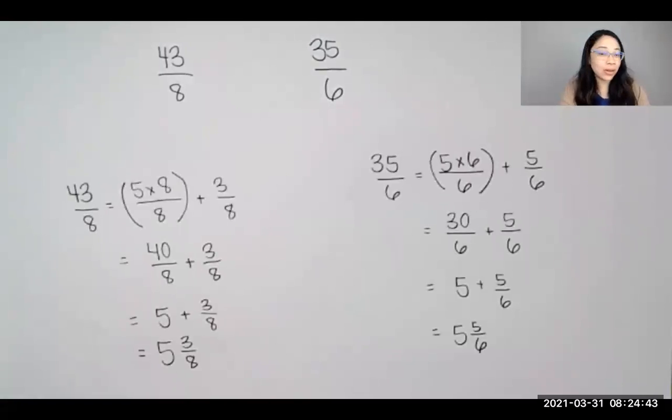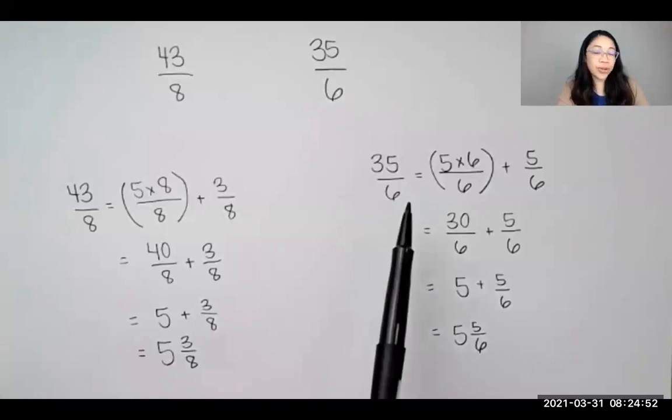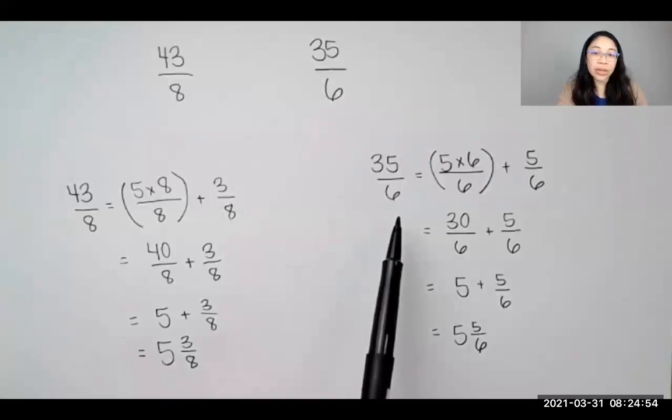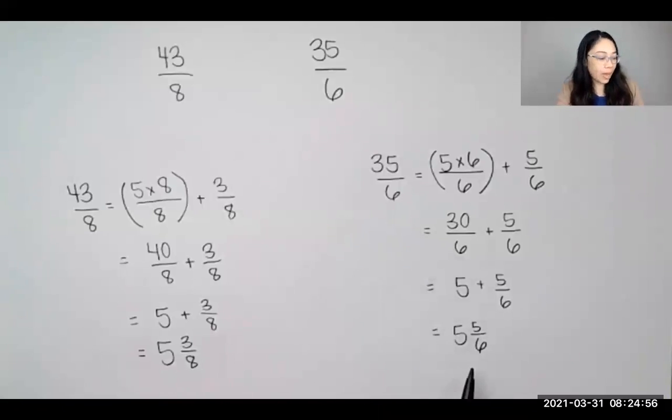I first converted 43/8 into a mixed number, which equals 5 and 3/8. 35/6 I also converted into a mixed number, and that equals 5 and 5/6. From there, I compared 3/8 and 5/6, since both mixed numbers have the same number of ones, 5 and 5.